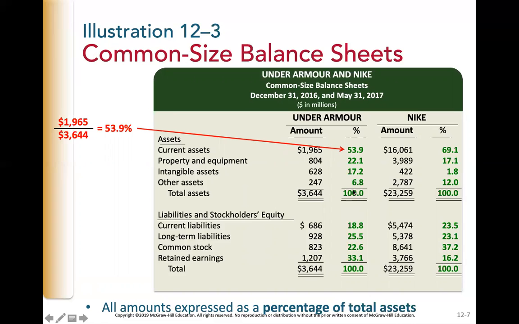Notice your total assets have the 100%. Also, when you're doing the liabilities side, you're using the same base because remember, assets equals liabilities plus stockholders' equity. So this will still be 100% down here, and each of these is expressed as a percentage of the same base of total assets.